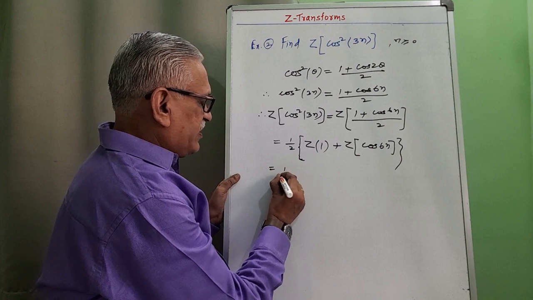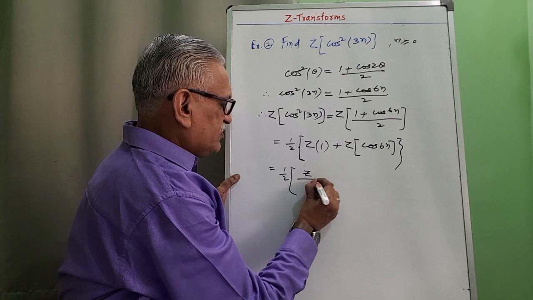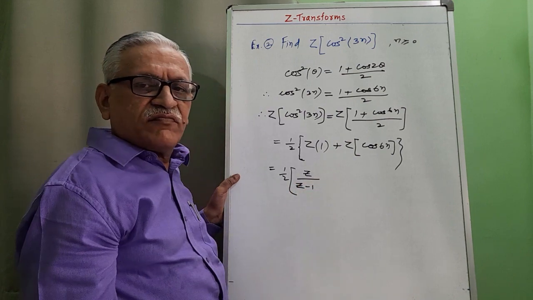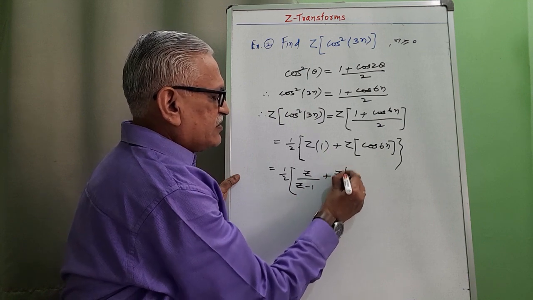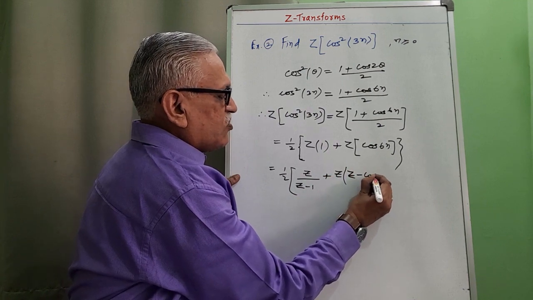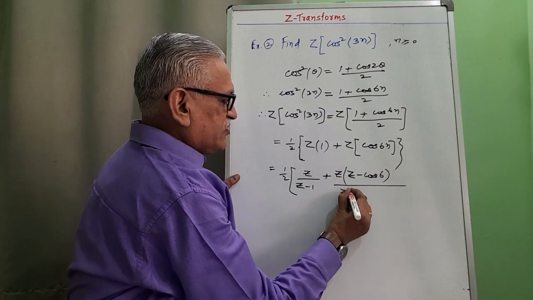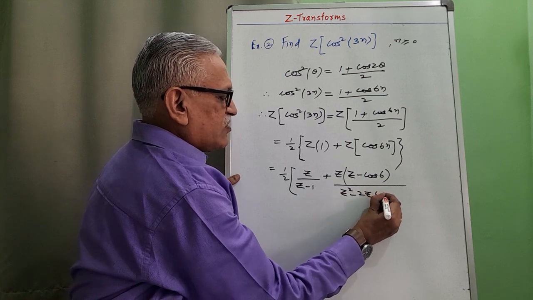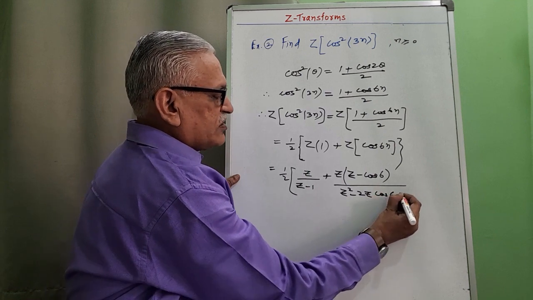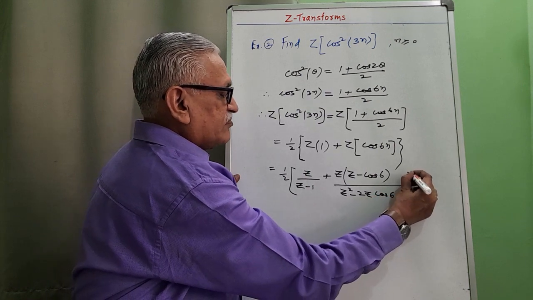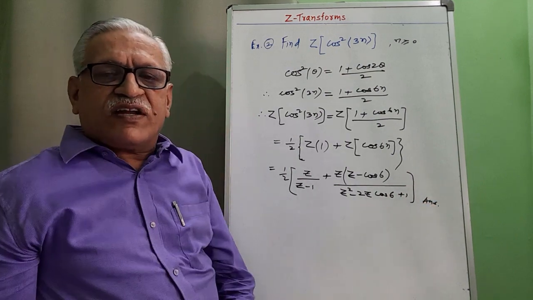Then applying the standard result we get Z transform of 1 is Z upon Z minus 1 and Z transform of cos ωn is Z(Z minus cos ω), ω is here 6, therefore cos 6, divided by Z² minus 2Z cos 6 plus 1. This is the required answer.